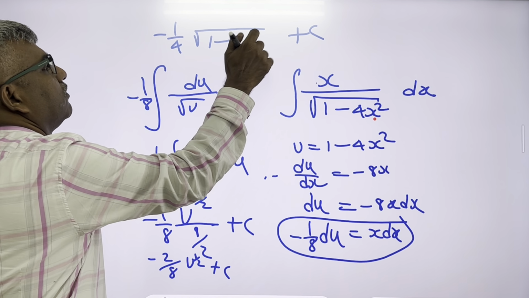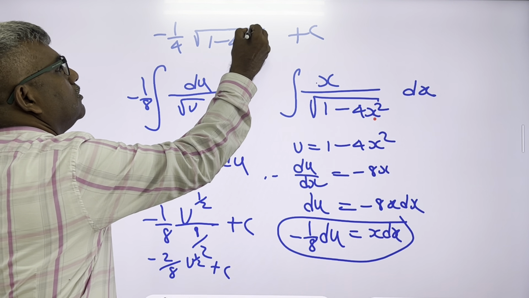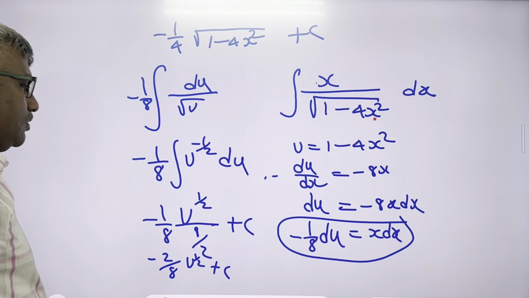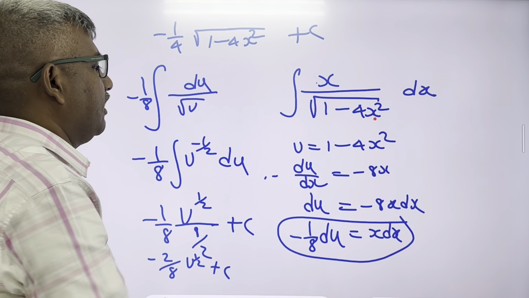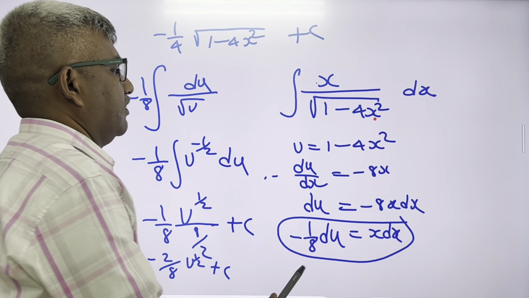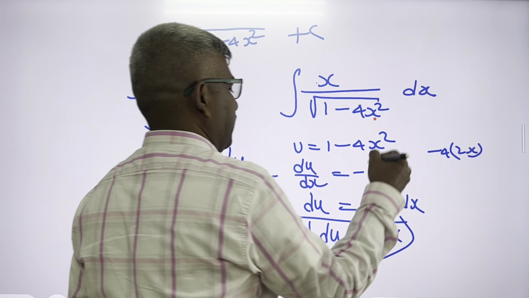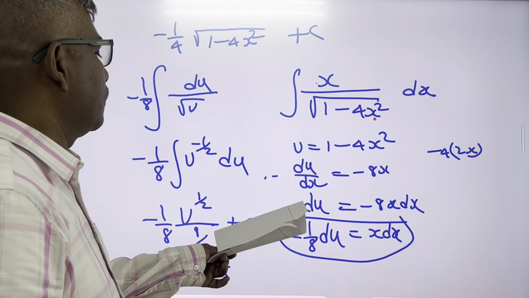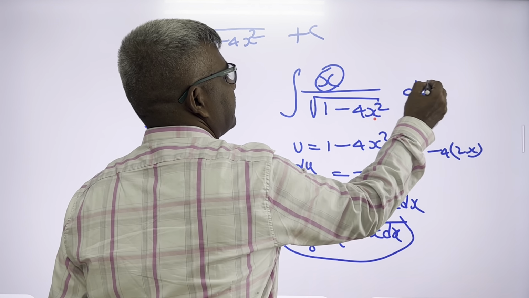Copy it. u equals 1 minus 4x squared, du by dx is minus 8x. That is nothing but minus 4 times 2x. So du equals minus 8x dx. Here only x dx is there.